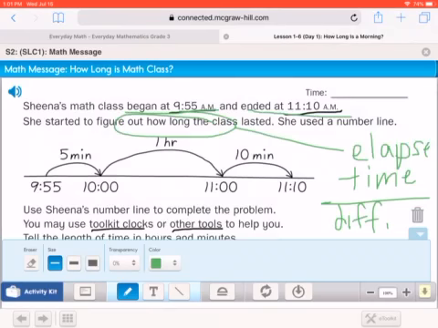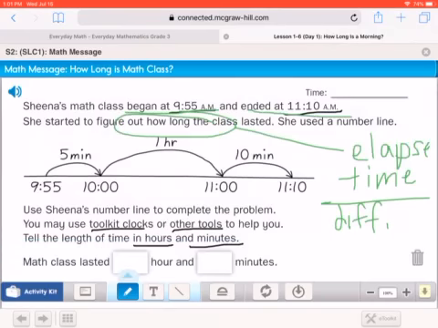Okay? So now I'm going to ask you some questions. Okay? So what tool did Sheena use? Okay, she uses a tool. If you thought that her open number line here, or number line, is the tool she used, you would be correct.